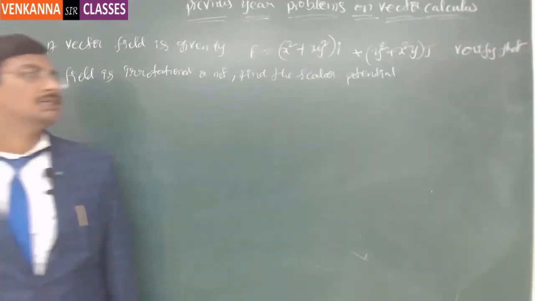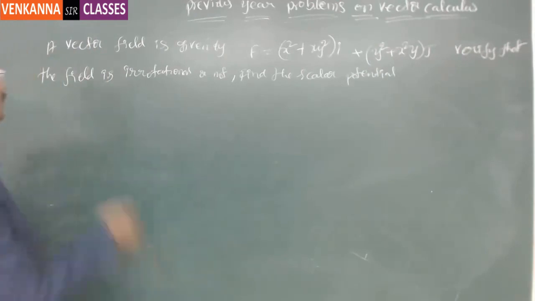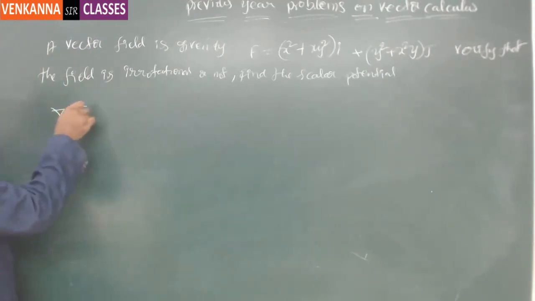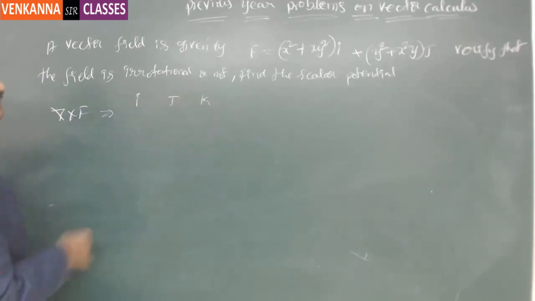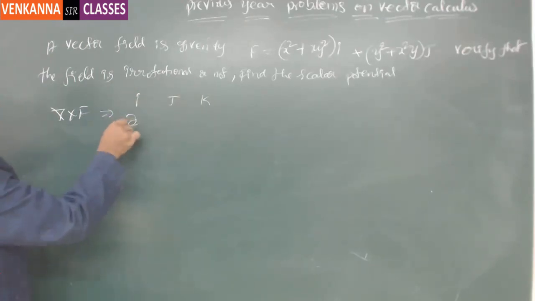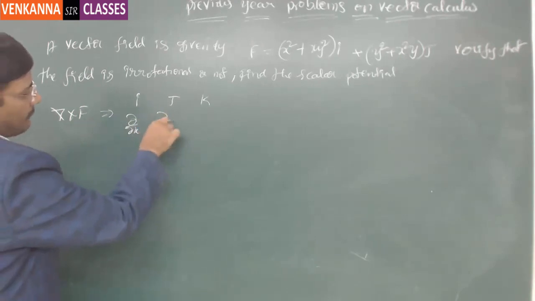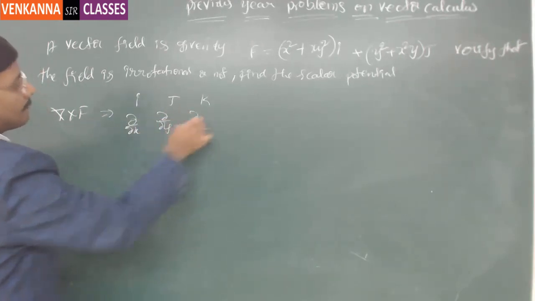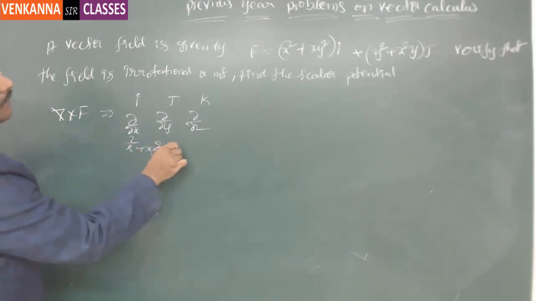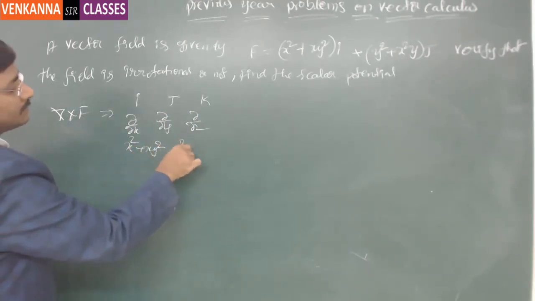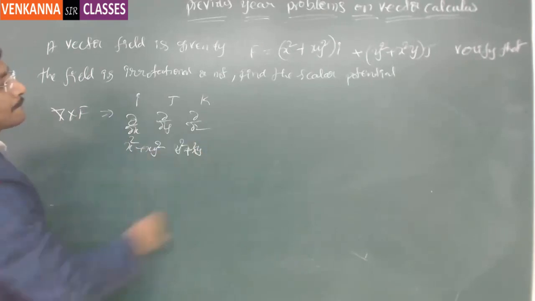There is no confusion in this. So we are asked to find del cross F. So del cross F is the determinant with i, j, k, then dou by dou x, dou by dou y, dou by dou z, and then x square plus xy square, y square plus x square y, and 0.